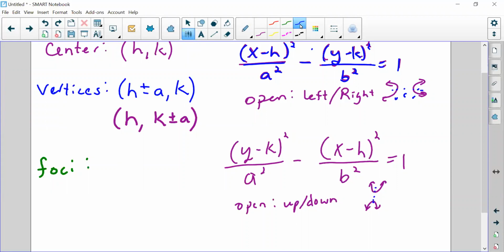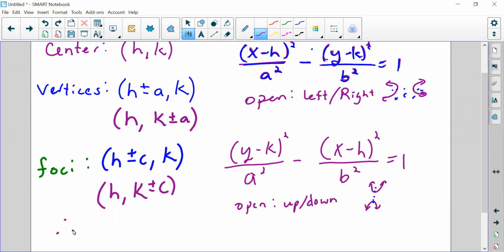So to find my foci, I'm going to take my h plus or minus c and keep the same k. And for up and down, my x's stay the same, but my height changes, so it's h, and then k plus or minus c.